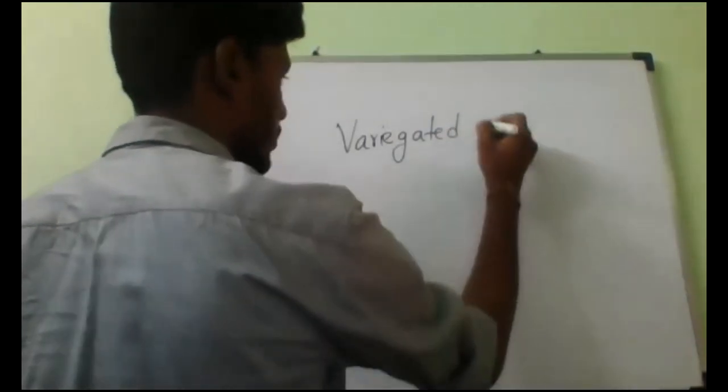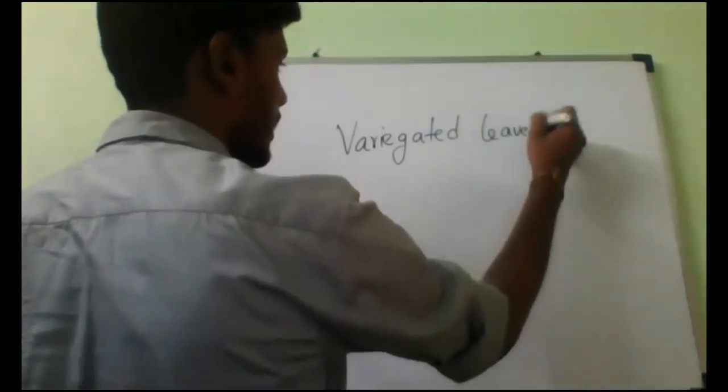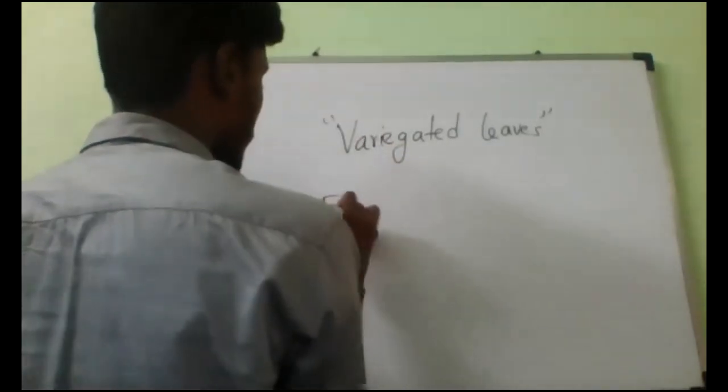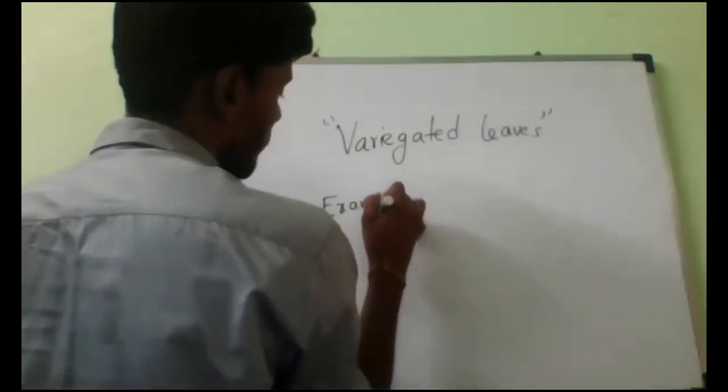Sorry, variegated plants also you can call. So you can write variegated leaves. Example of these plants, what can we say?